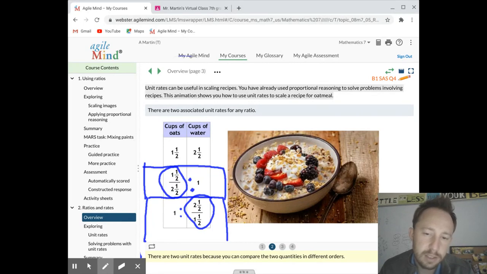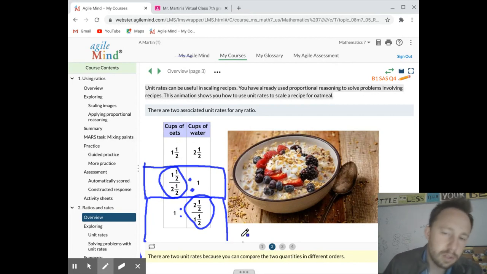How do we say that? Oh, 1 1/2 and 1 1/2. Close. That's 1 1/2 and 2 1/2. Correct. 1 1/2 over 2 1/2 to 1. So remember, we're doing cups of oats to cups of water for this one. Same thing here.